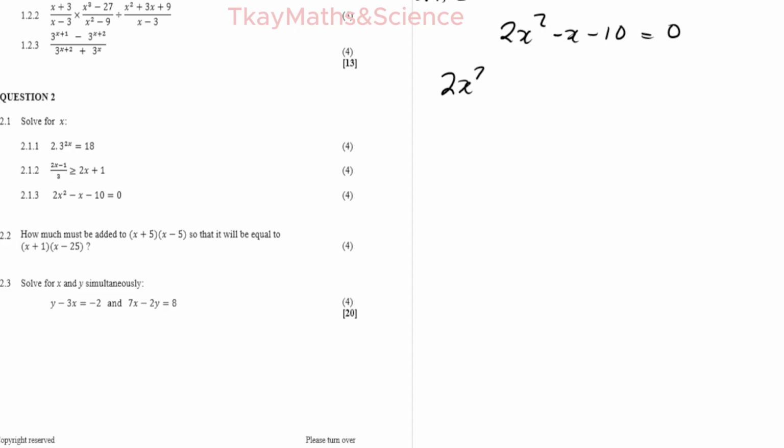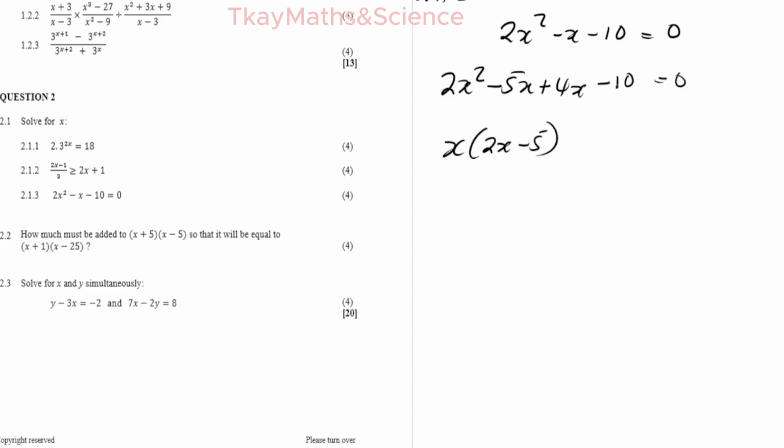2x squared, minus 5x, plus 4x, so that we get a minus x here, minus 10, equal to 0. It's fine. Now we come here, we factor out x. We're going to get x times 2x minus 5.